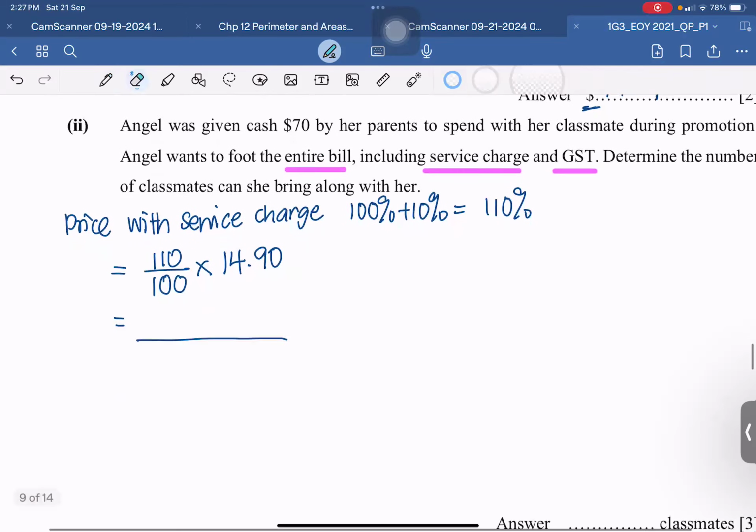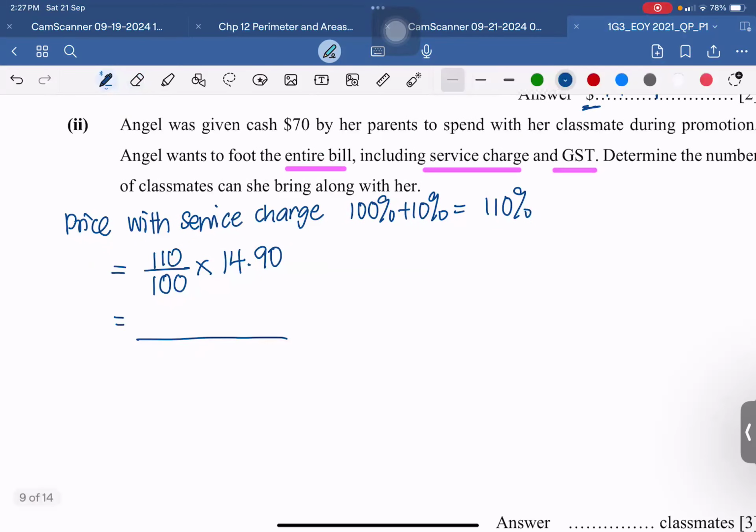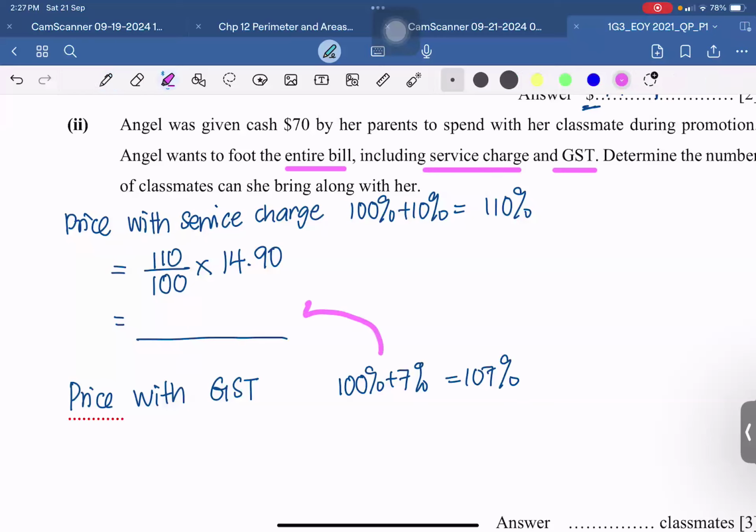The second part, now I'm going to calculate the price with the GST. Price with GST, 100% plus 7% gives me 107%. But it's 107% of the previous number over here, or rather this number came from this side.